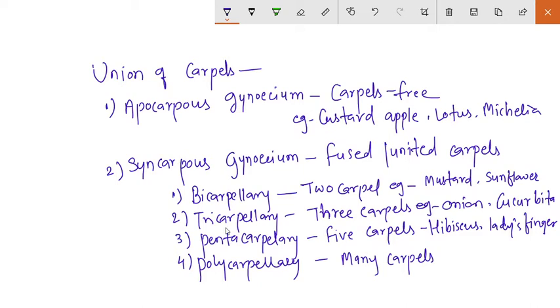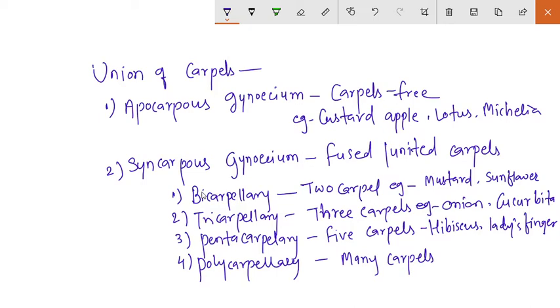So now, these carpels may be completely united or they may be united partly. Okay, but there is no special term used for partial union or complete union of the carpels like in the androecium. In the androecium we use terms like syngenesious, synandrous and so on, but for the gynoecium there are no such specific terms. Still, sometimes the ovary, style and stigma are completely fused.